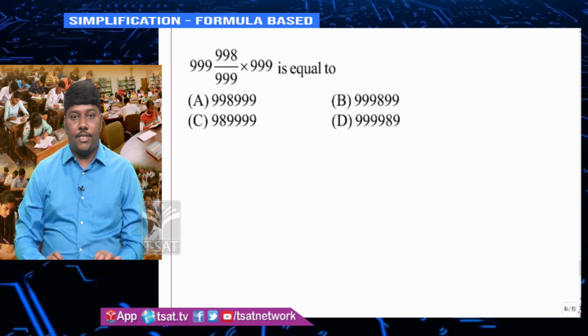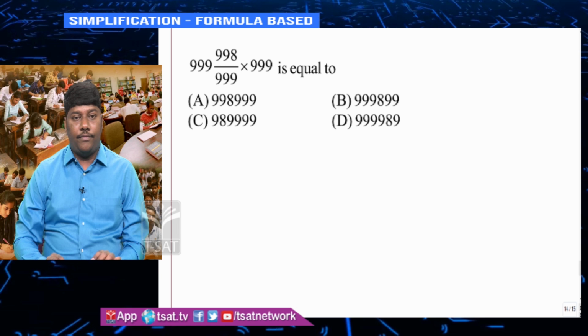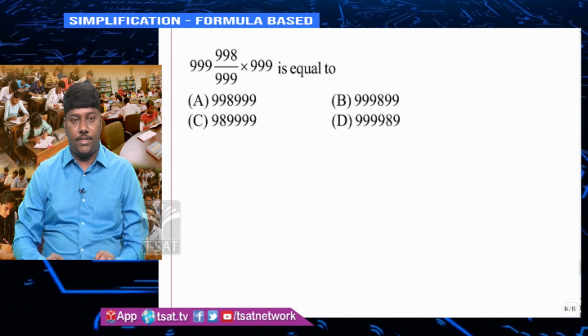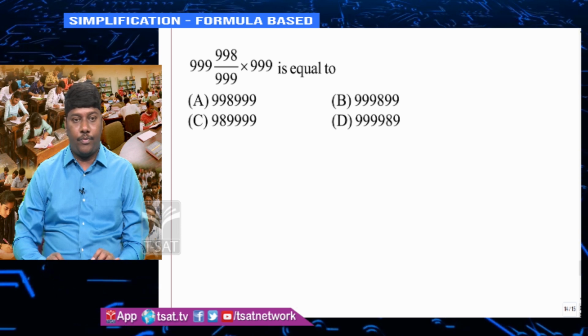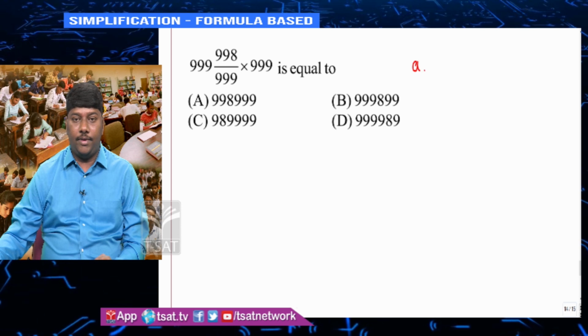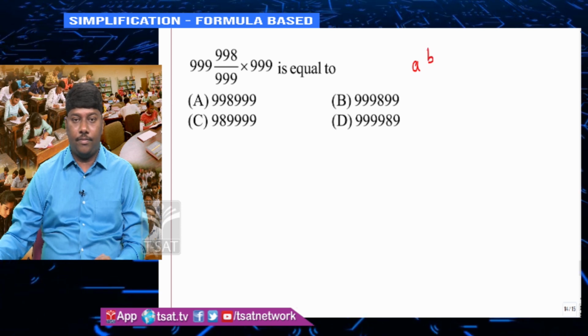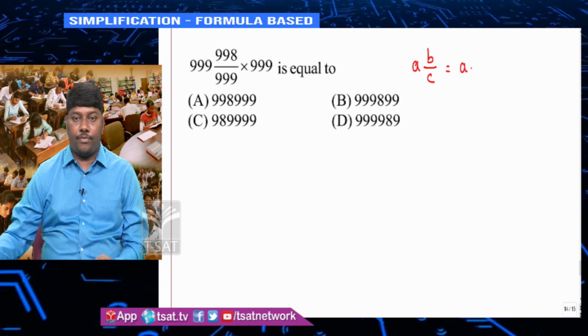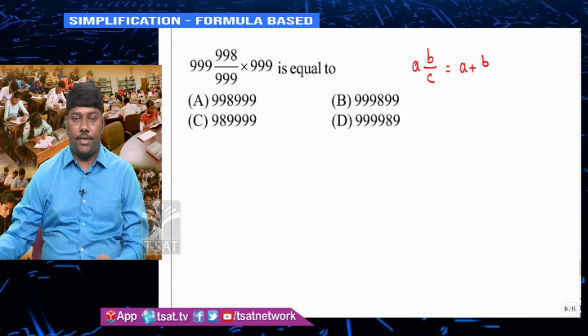Now see how we solve sums based on fractions, which are in the form of a b by c into something. We all know that a mixed fraction a b by c, you can always write as a plus b by c.